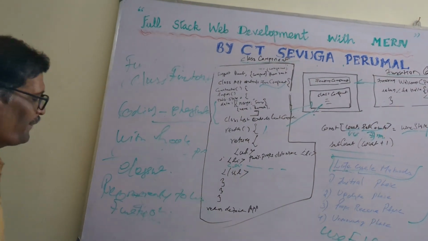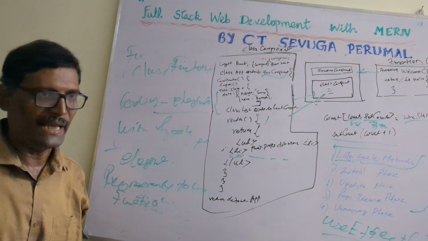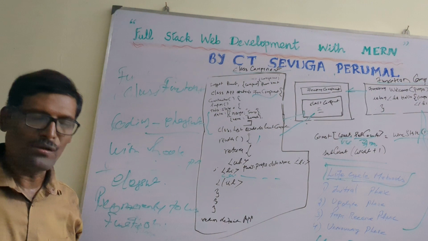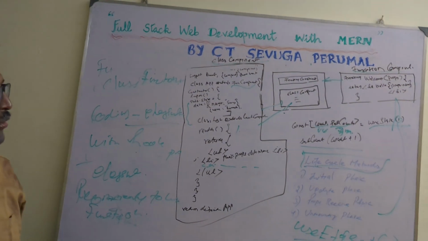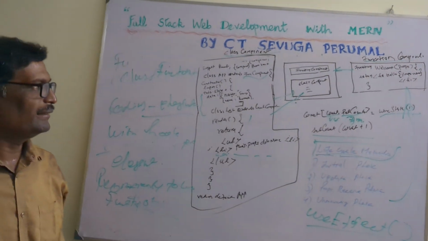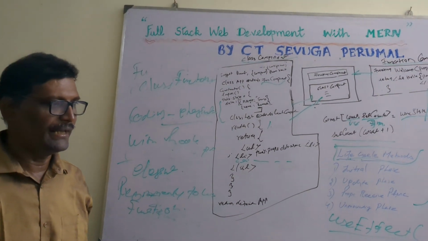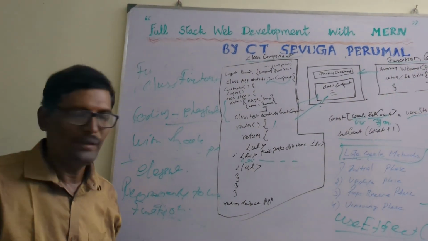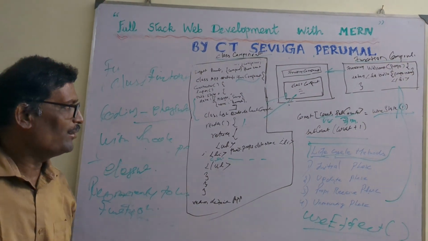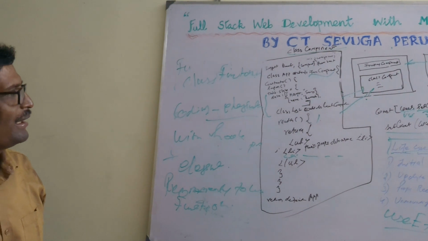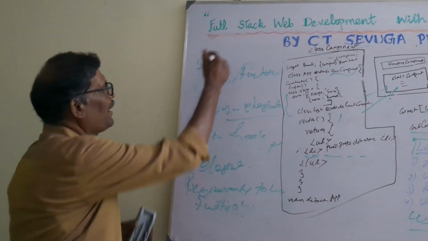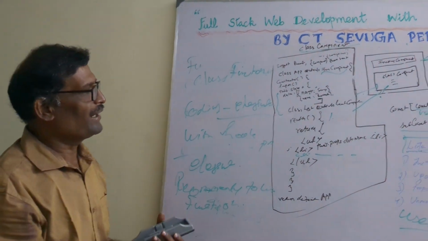It is recommended to use function components over class components, because the performance is very good for function components, and it is because they use hooks. The coding can be very easy, and debugging can also be done in an easy manner. So in most applications we can use the function component.